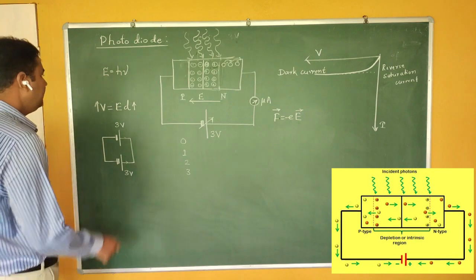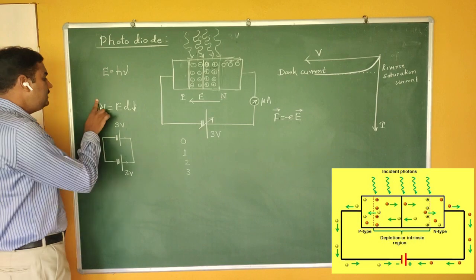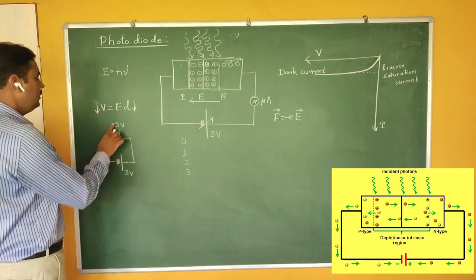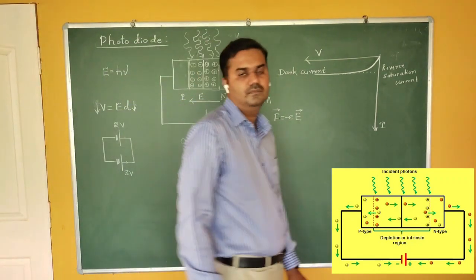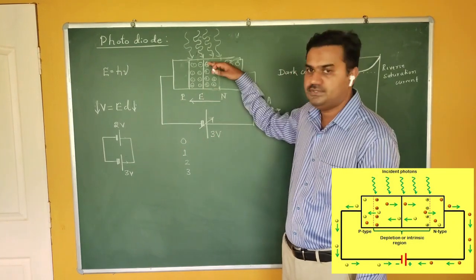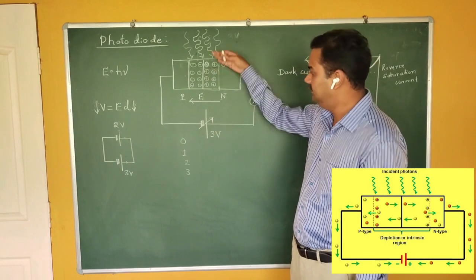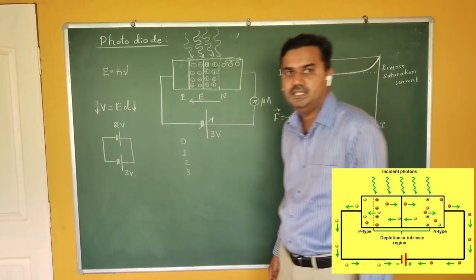As you can see, if the width is decreasing, then the potential also decreases. Now 3 volt, let me assume that it becomes 2 volt. So now this is 3 volt, this is 2 volt, so there is a possibility that current can flow from the supply to the diode.